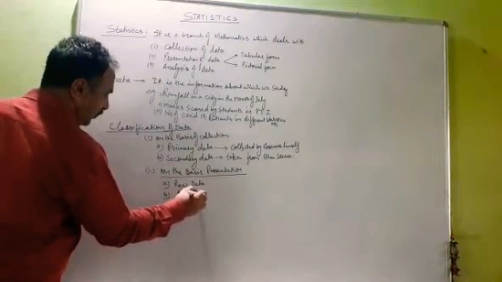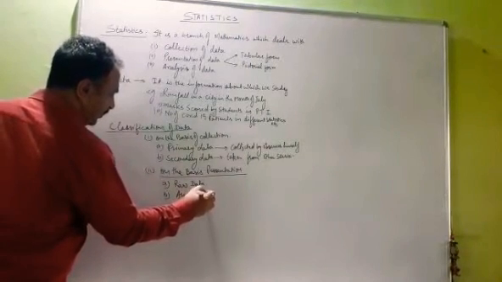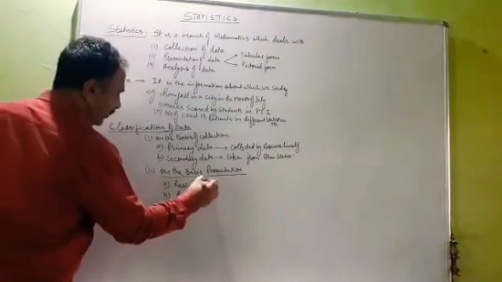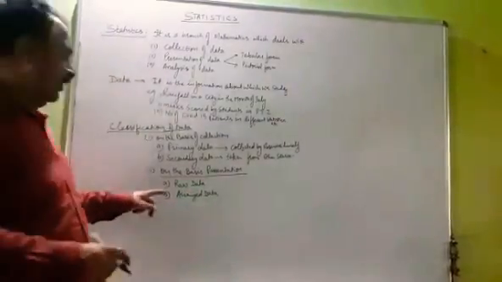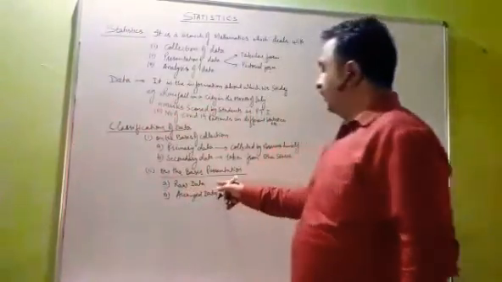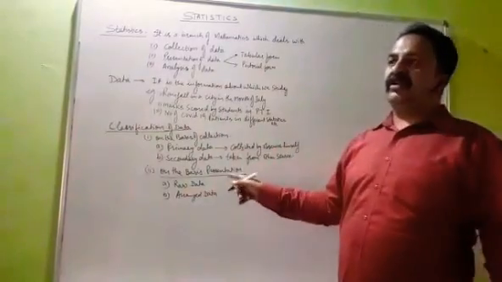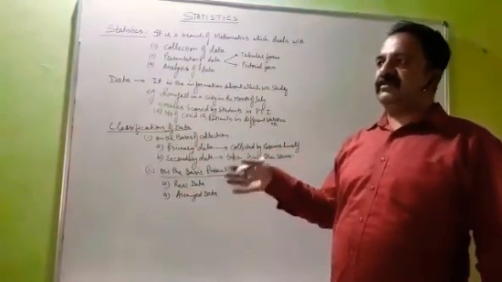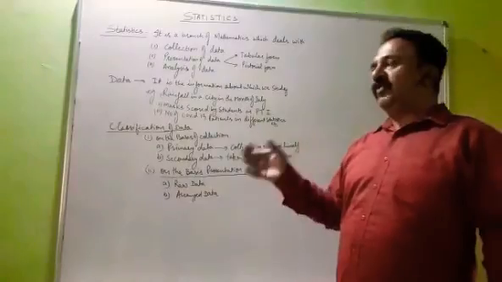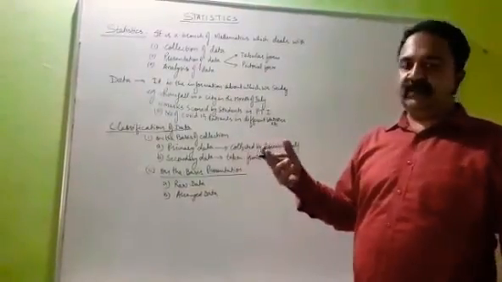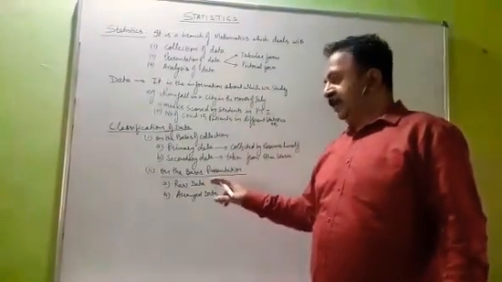Raw data means data written randomly. All have studied about raw data. No order is followed. Whatever value comes first, you write that. No rule is followed while writing down the raw data.